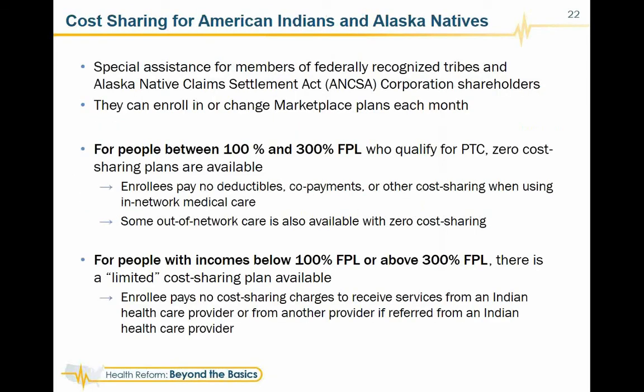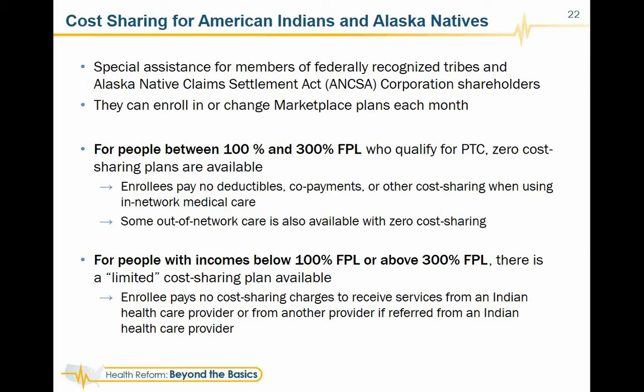Another feature with cost sharing provisions is that American Indians and Alaska Natives can be eligible for special protections. There's special assistance for members of, and this is explicitly, federally recognized tribes and Alaska Native Claims Settlement Act corporation shareholders. They can enroll in or change marketplace plans each month.